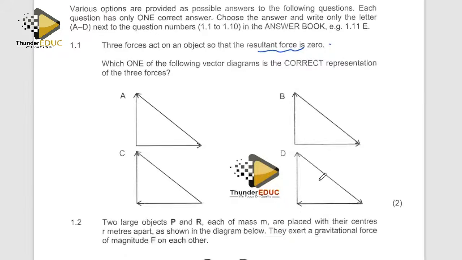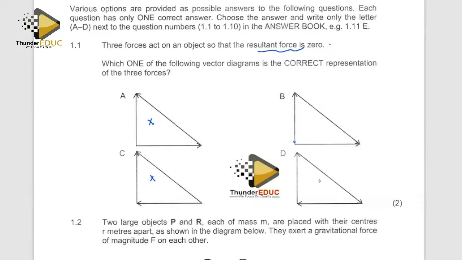So if I look at this with the format of the vector diagrams, which is head to tail, A cannot be, C cannot be. But when I look at D and B, there could be something there.